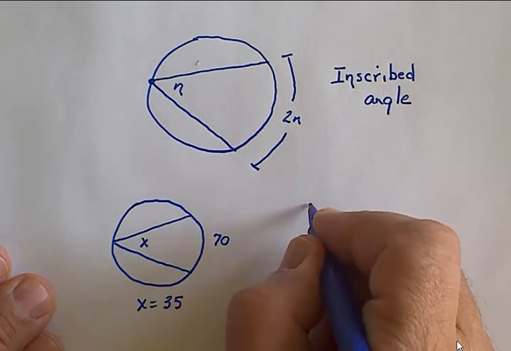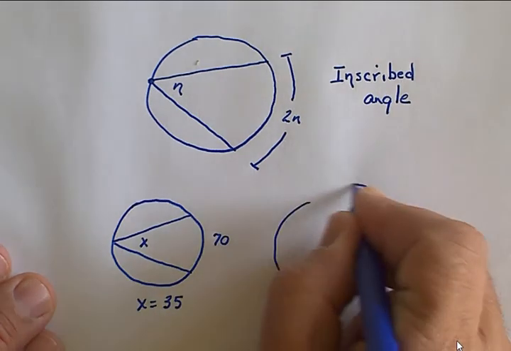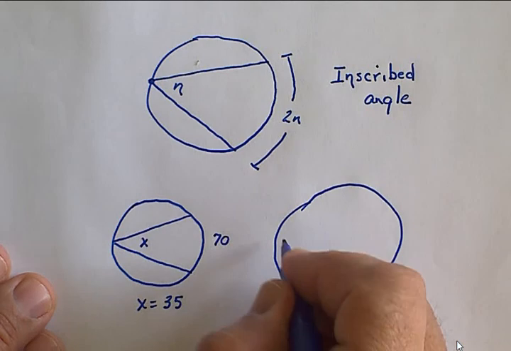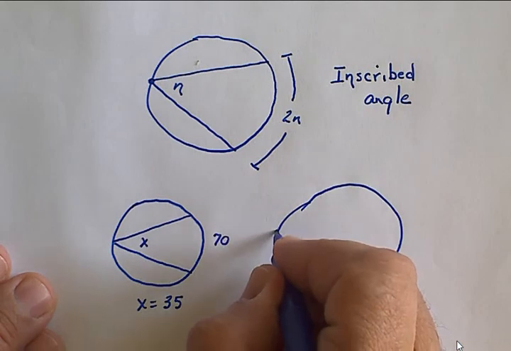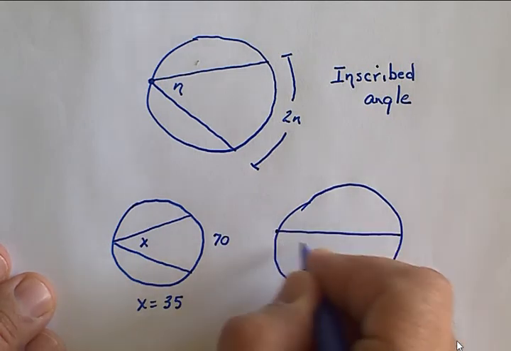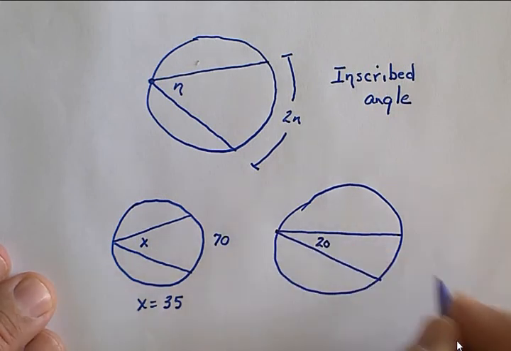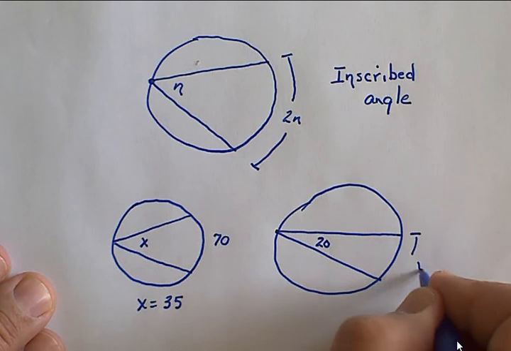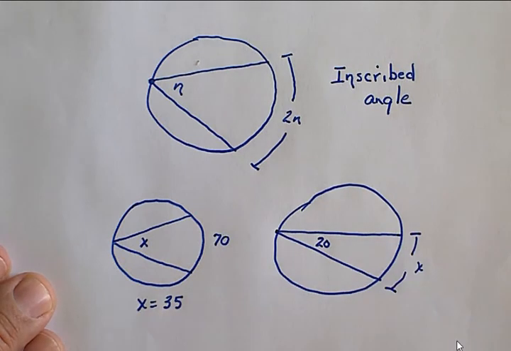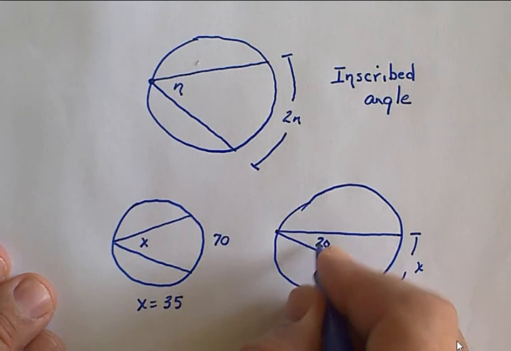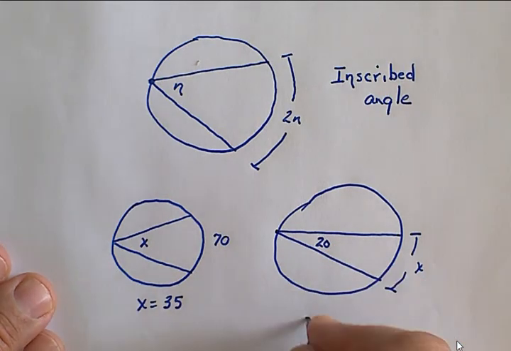Or if I give you a circle and let's draw it something like this. If this is 20 and it says find x, then to go from angle to arc, I want to double it.